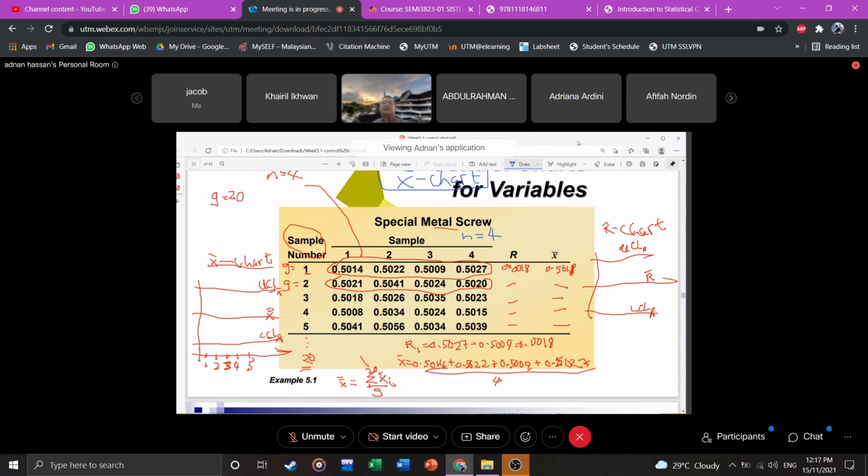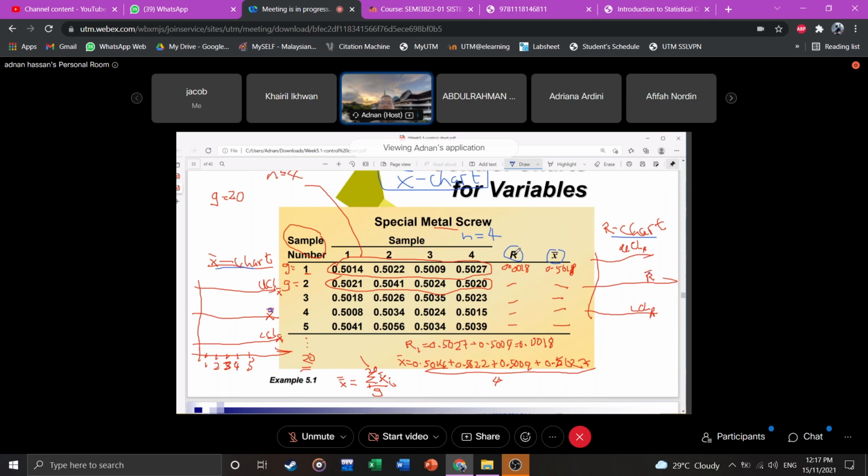Meaning that at that particular instant we take 4 samples. So now we want to know what is the R value and what is the X bar value. When we prepare this, remember that at the end we want X double bar, and we want the value of R bar for the R chart and for the X bar chart.